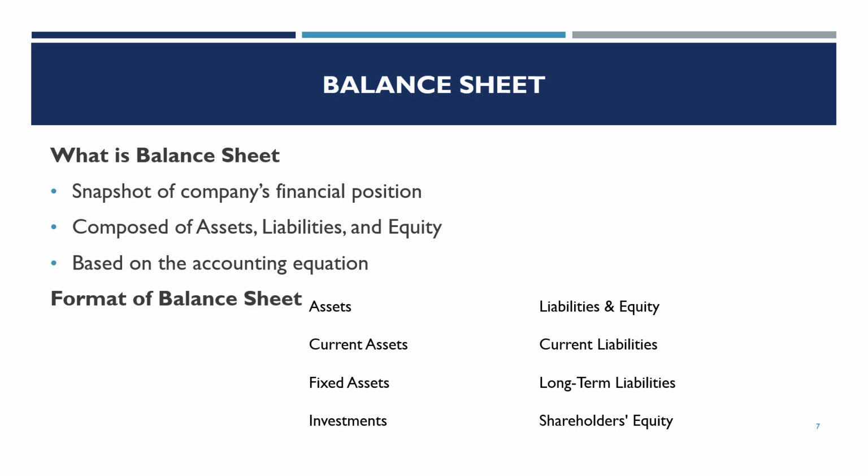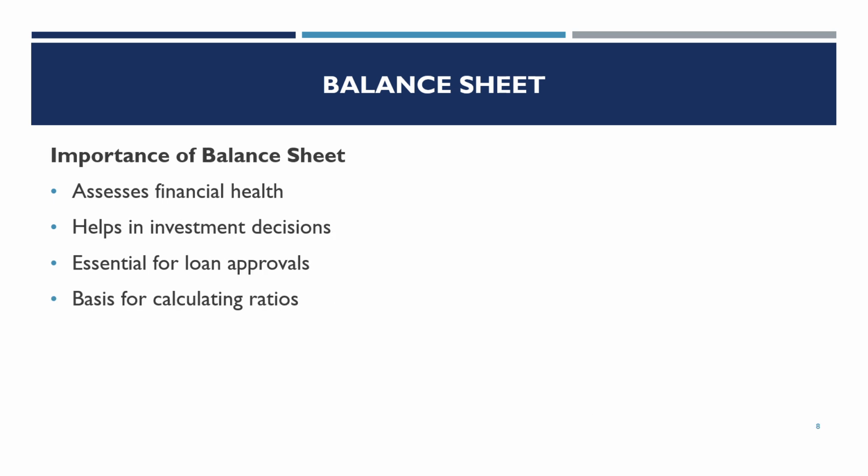From the balance sheet, we come to know the financial position of the company. Simply, from the table of the balance sheet format, assets are everything the business owns, while liabilities are what it owes. Equity is the owner's claim after settling all obligations.